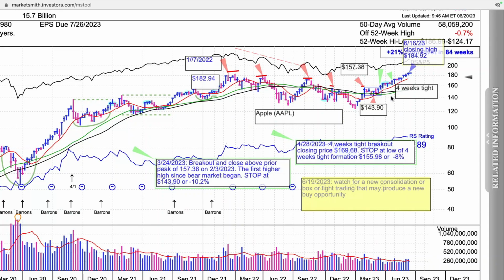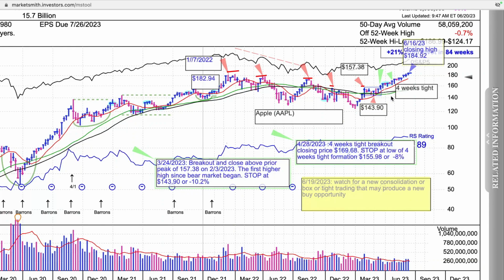Typically, if you're going to add, you want to add fewer shares because you want your average price, original price, not to be too high. So if you bought 1,000 shares on the first purchase, you maybe would buy 500 or 600 shares on the second. If you bought 100 shares on your first purchase, you might buy 40, 50, or 60 shares on your second purchase.